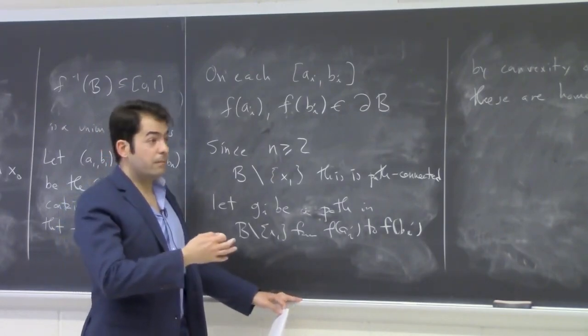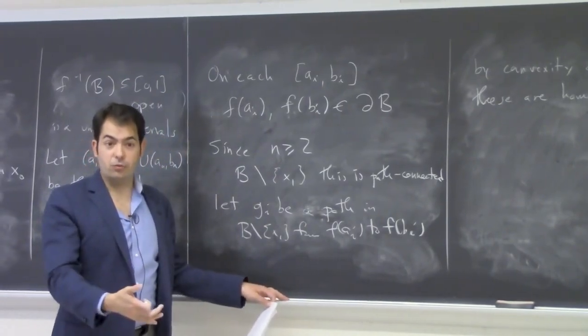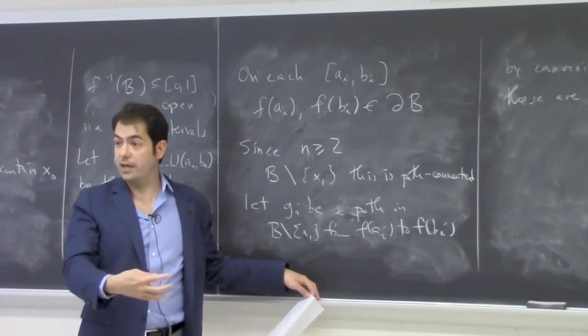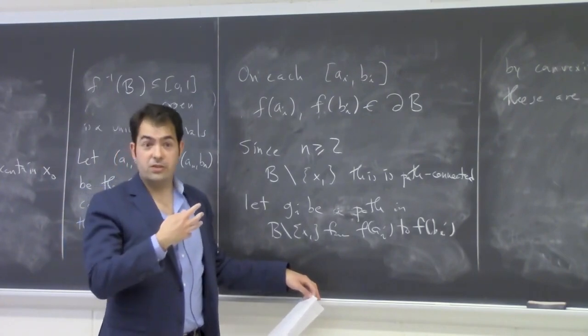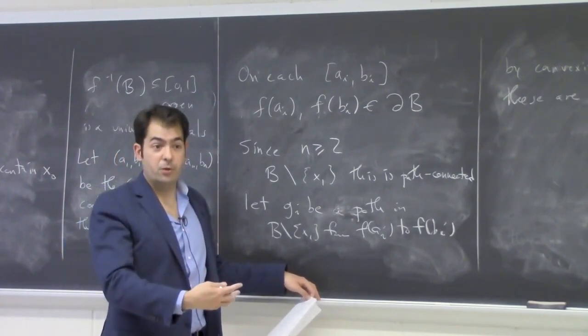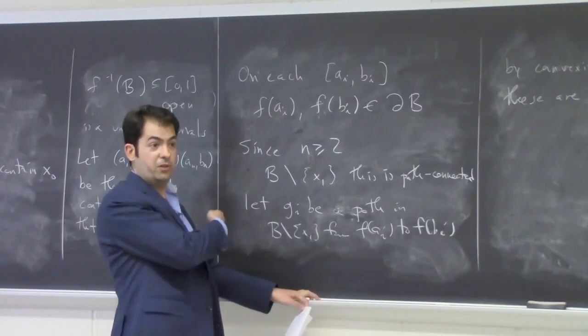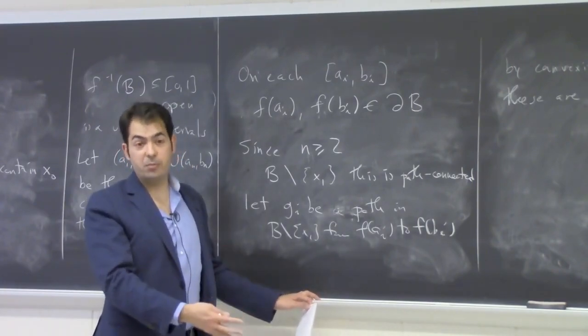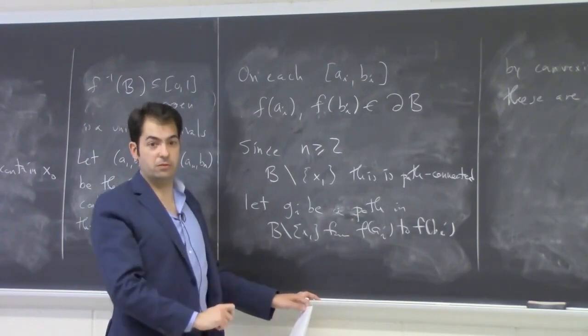So make these finitely many modifications. Replace each f restricted to one of these intervals with a gi, and this changes f within its based homotopy class, because this ball does not include x naught, and ends up with a path that misses the center of the ball.